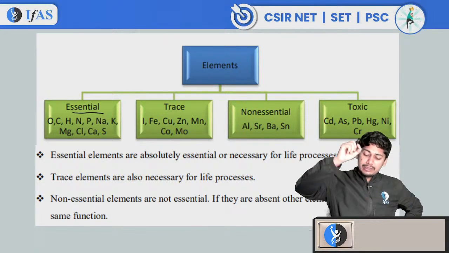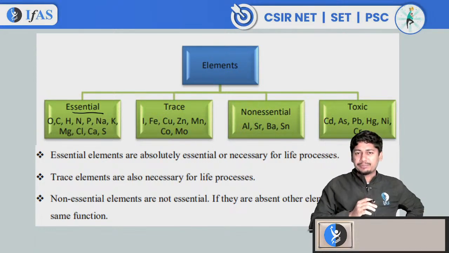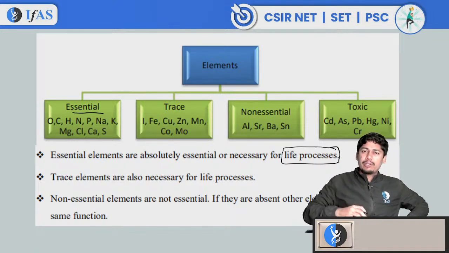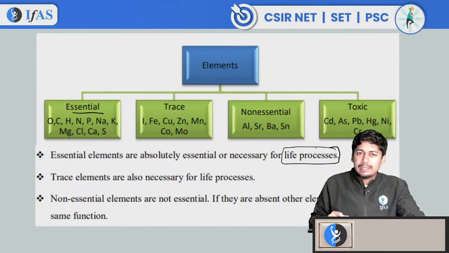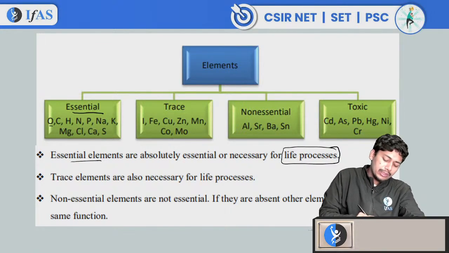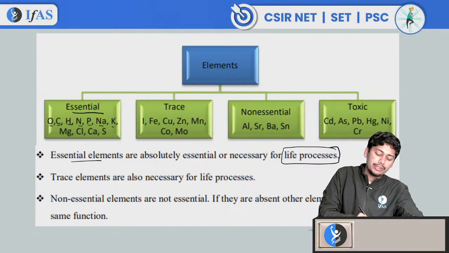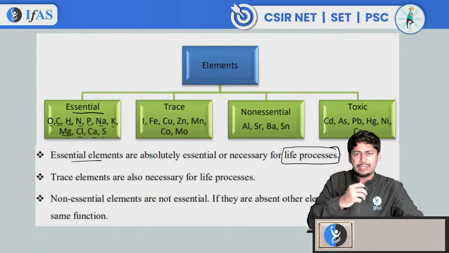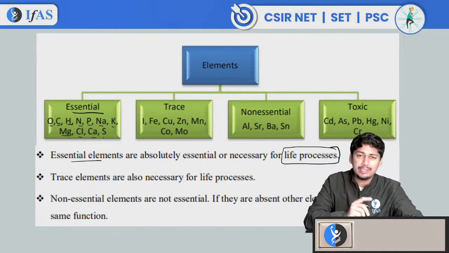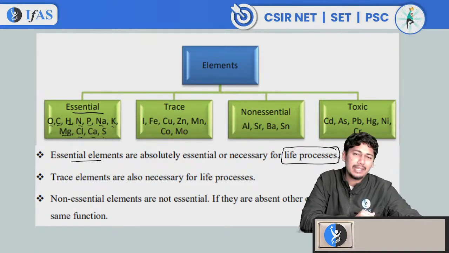That means they must be present in our body so that our daily life processes can occur without any obstacle or hurdles. Those are called essential elements: oxygen, carbon, hydrogen, nitrogen, phosphorus, sodium, potassium, magnesium, chlorine, calcium, sulfur. These are some essential elements, and make sure to remember them because these are asked in exams also.